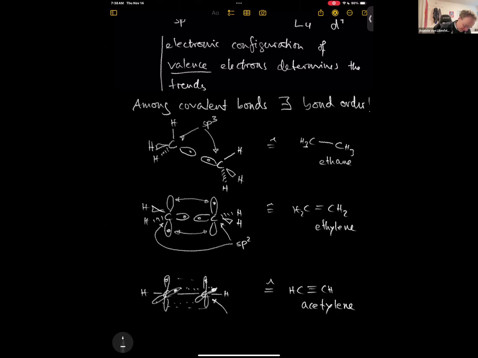And these are so-called sp hybridized carbons, right?